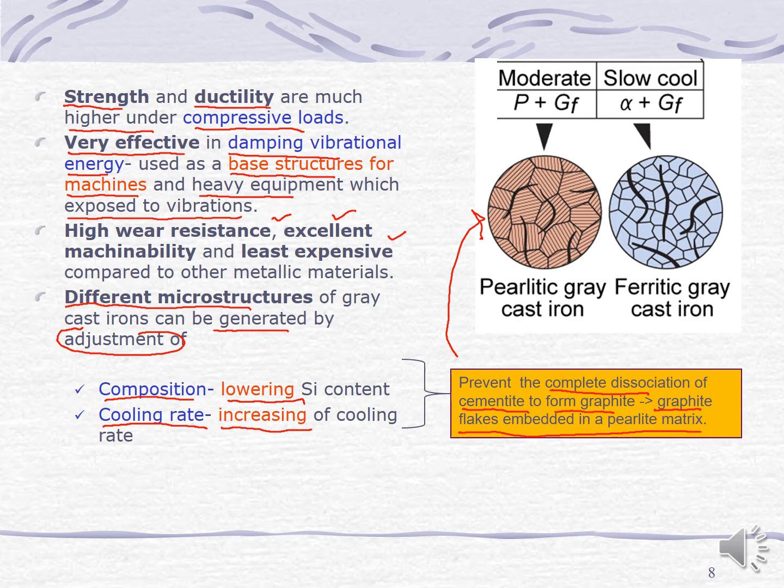In the previous slide, I showed the microstructure of the ferritic grey cast iron, which can be produced at a slow cooling rate.